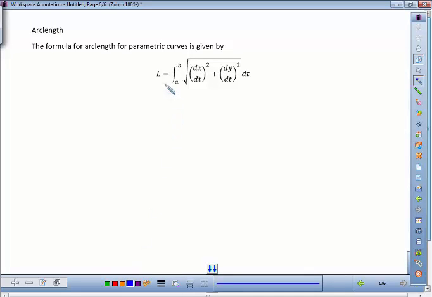So I'm just going to give you the formula. The idea behind this arc length is just, let's see if I can do a quick recap of the story.